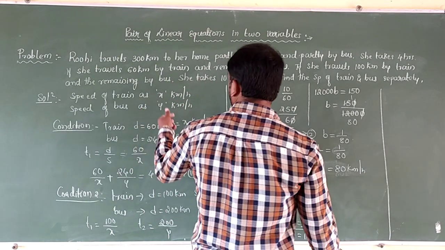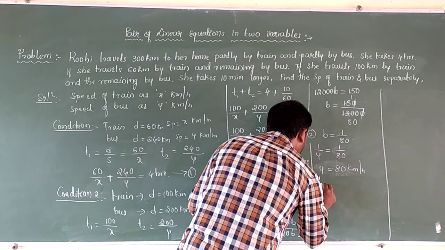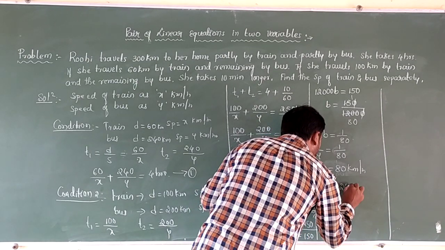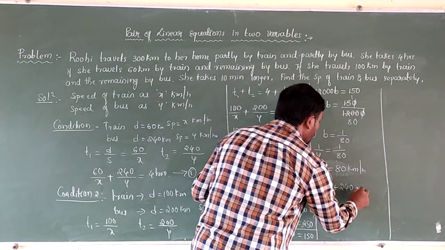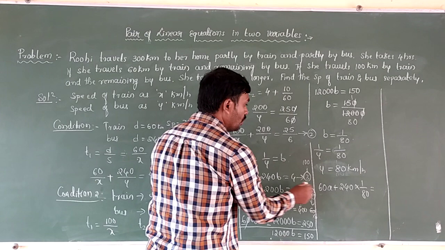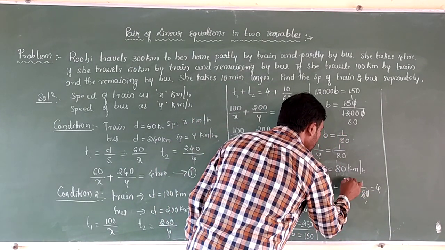To calculate the speed of the train, I will take equation number 3, that is 60a plus 240b, the b value is 1 by 80, into 1 by 80 is equal to 4. So the 0s cancel, 8 1s are 8, 3.